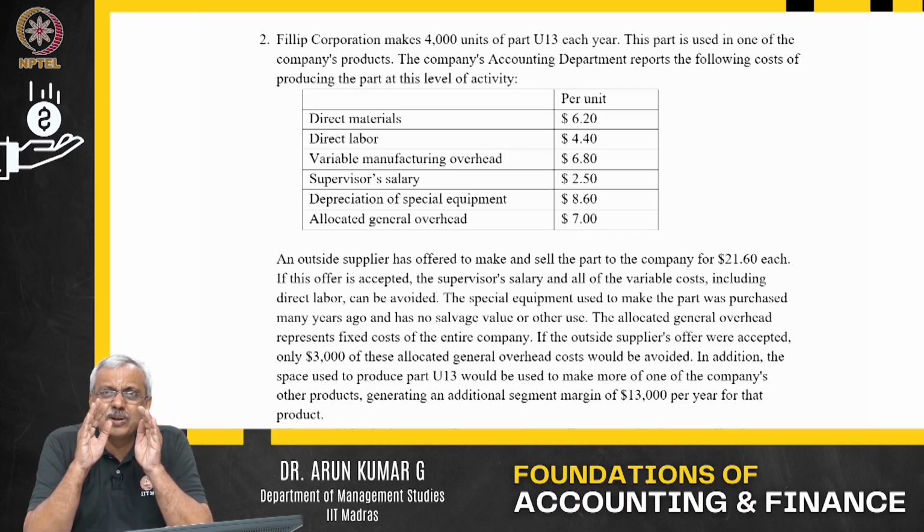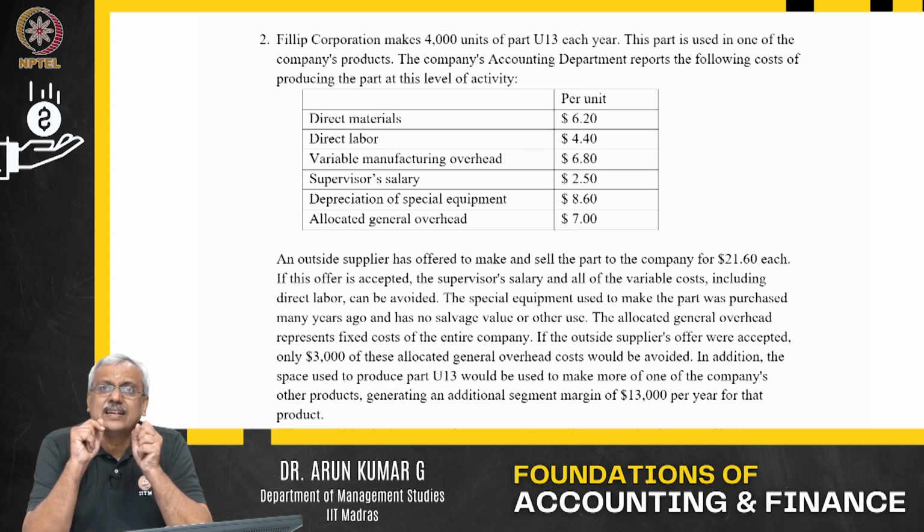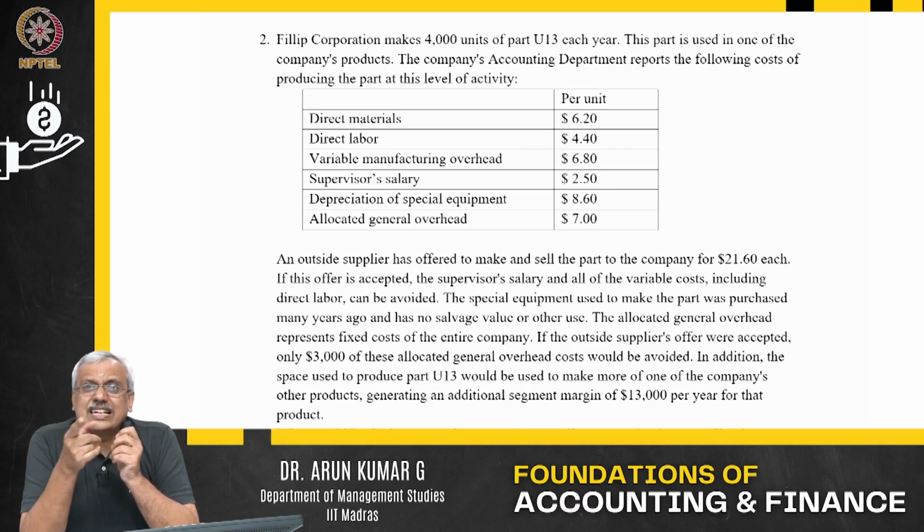The machinery is going to be with me irrespective of whether I manufacture or not. So the cost associated with the machinery, that is the depreciation of the special equipment, is going to be incurred irrespective of whether you manufacture or you do not manufacture.